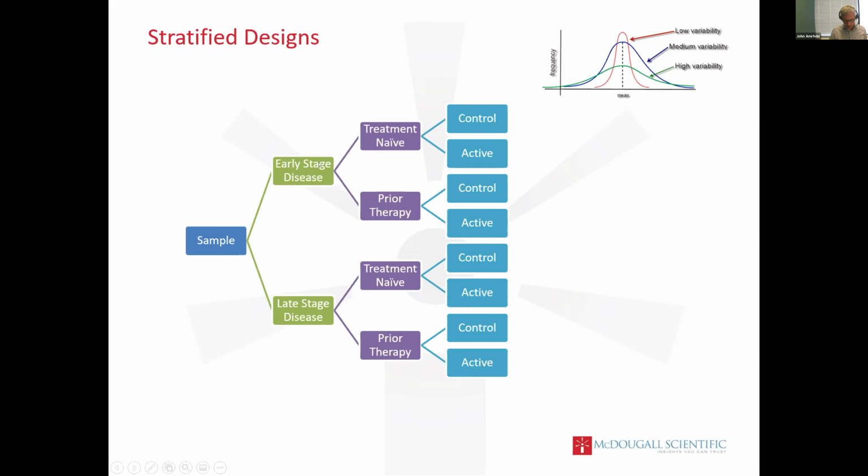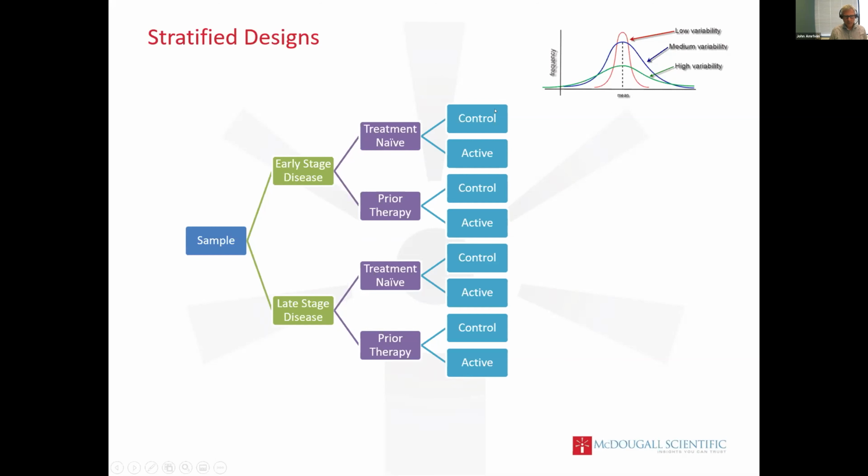Now let's say for a given study, two baseline characteristics that correlate with the endpoint of interest are the stage of a disease, whether it's early or late, and whether the patient received prior therapy, yes or no. If those two baseline characteristics are correlated to the endpoint of interest, then we stratify randomization by those two characteristics.